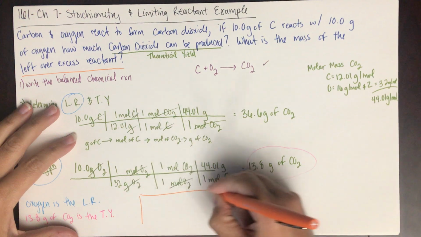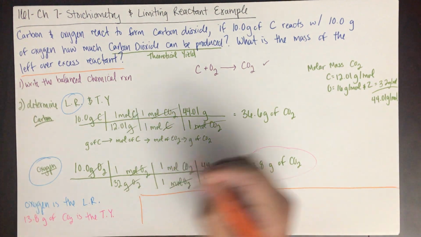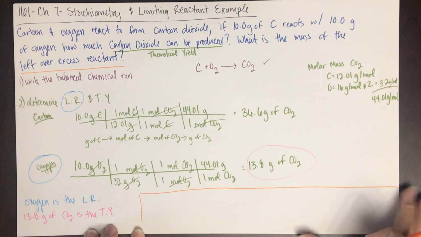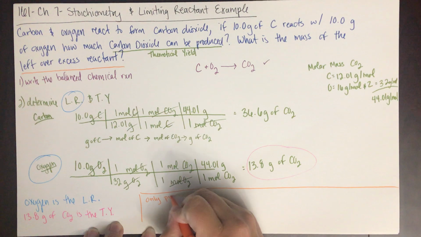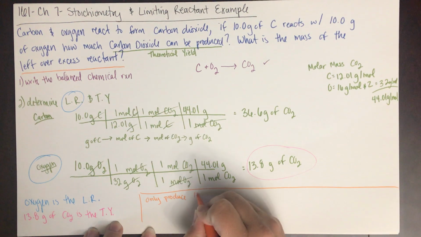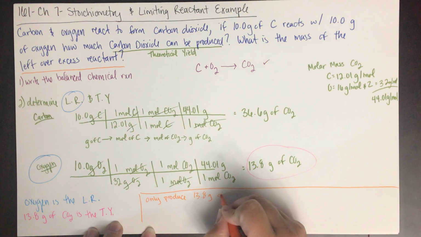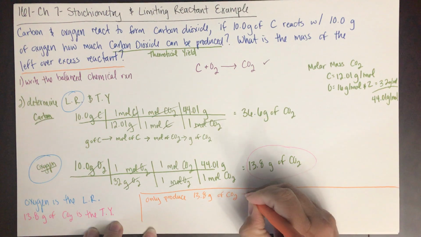So I'm going to write out what I just said. I already said that we can only produce 13.8 grams of carbon dioxide.